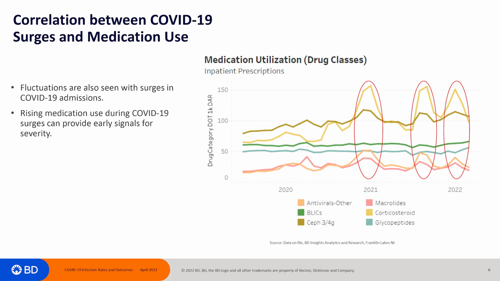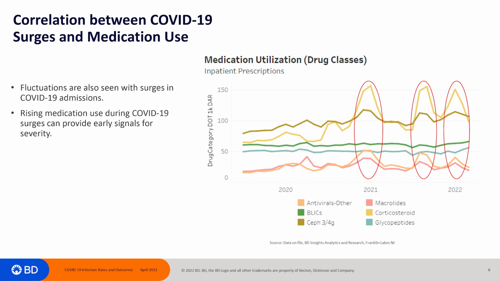So you can see this beige line here is representing corticosteroids, and you see corticosteroid use increasing during these peaks. But we're also seeing increases in third-generation cephalosporin use and other antibiotics as well. So rising medication use during COVID-19 surges can provide early signals for severity.